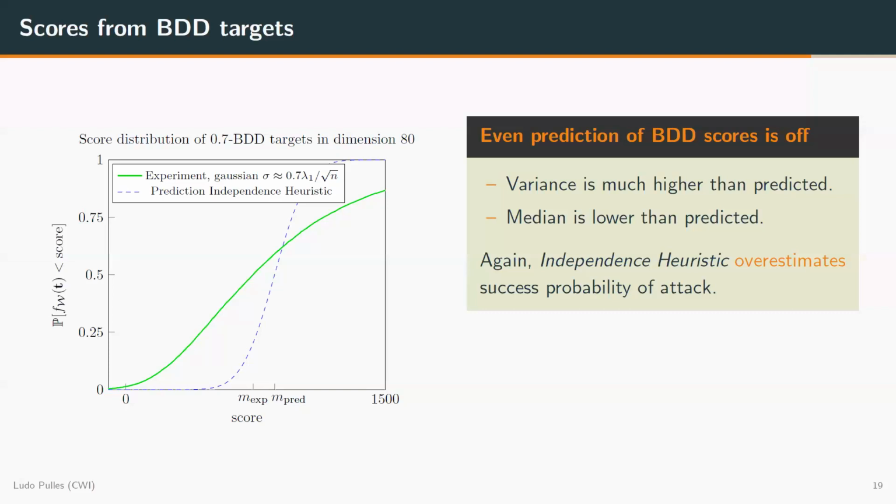So even with the BDD distribution, we see that this independence heuristic overestimates the success probability of the attack. So there seem to be some things wrong or missing in the analysis. What can we do?